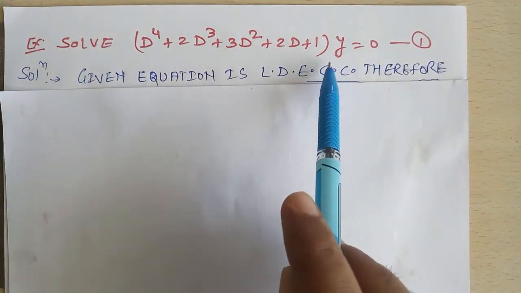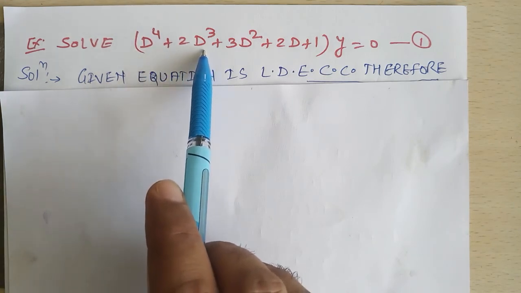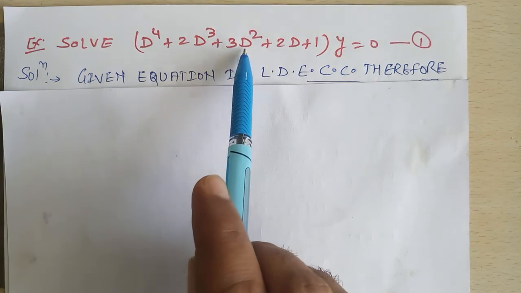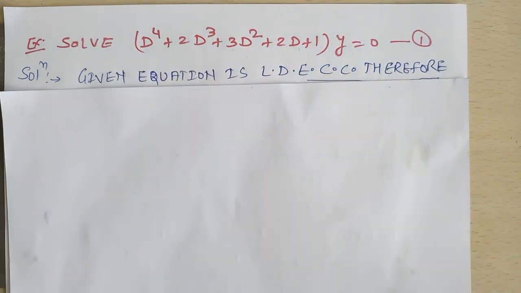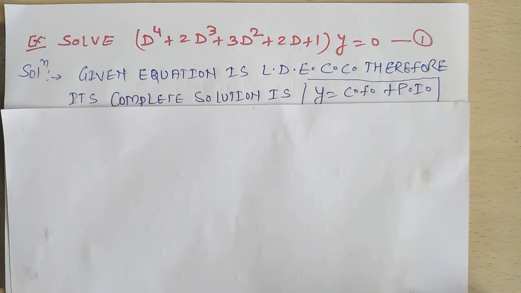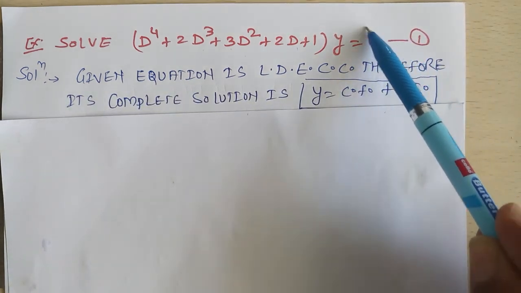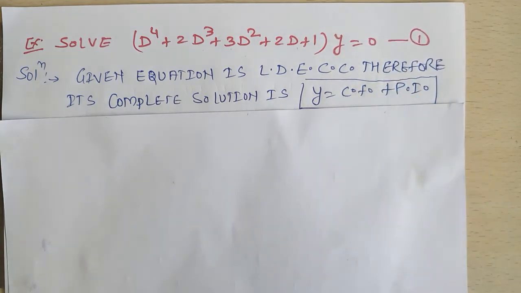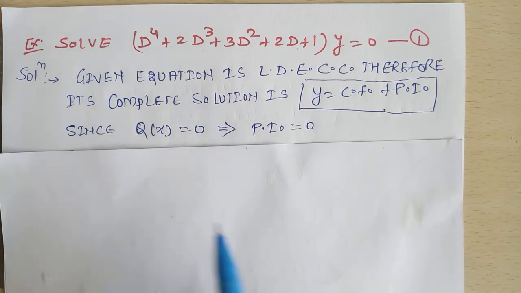We can check the equation: d4y by dx4 plus 2 d3y by dx3 plus 3 d2y by dx2 plus 2 dy by dx plus y equal to 0. So this is a linear differential equation with constant coefficients, and therefore its solution is y equal to CF plus PI. Further, Q of x is 0, therefore PI is 0. Hence y equal to CF is the solution.